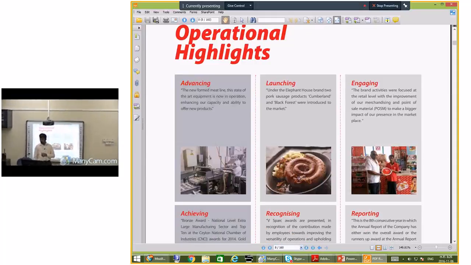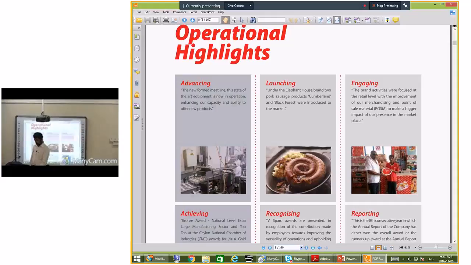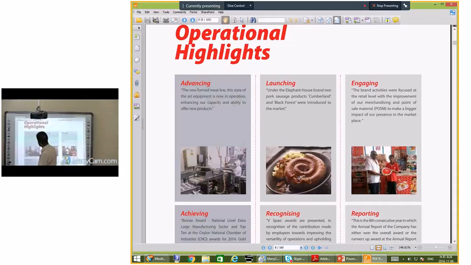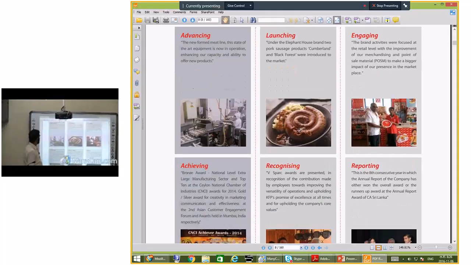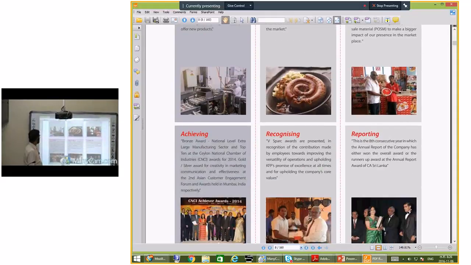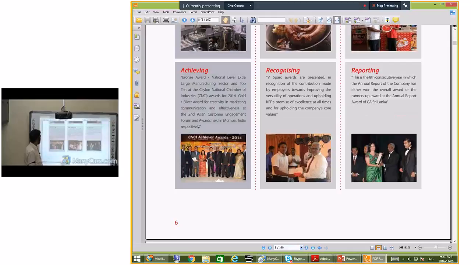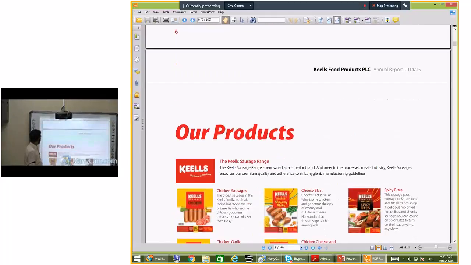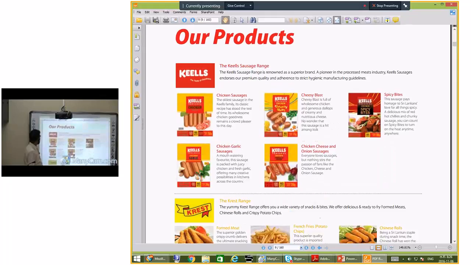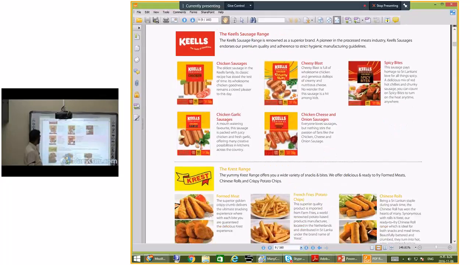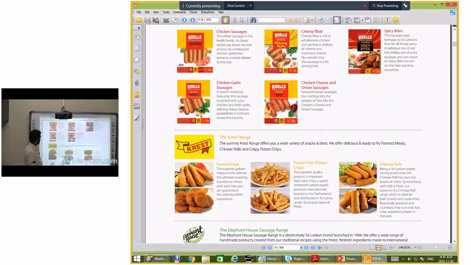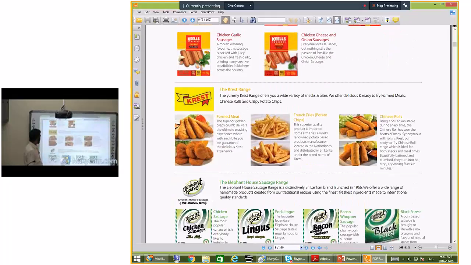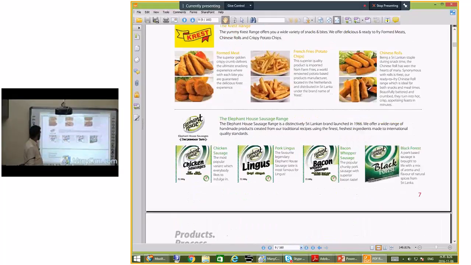Operational highlights. Now this is regarding their products and achievements, right? Introducing new products, and sometimes you can see CSR activities also. Yes, the product diversification, not only the financial statement here, product diversification.